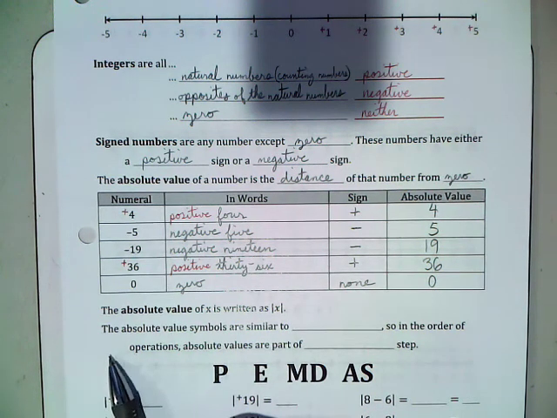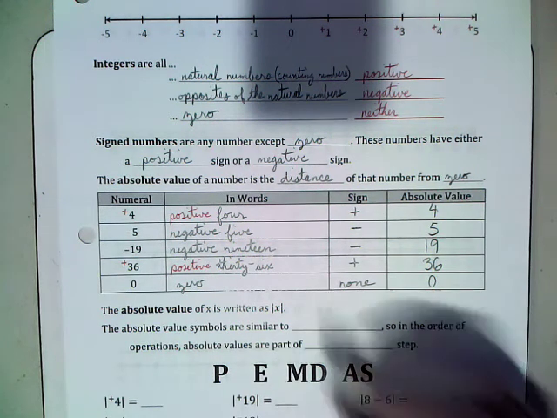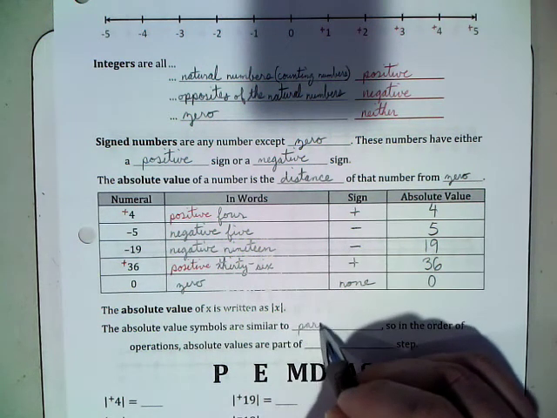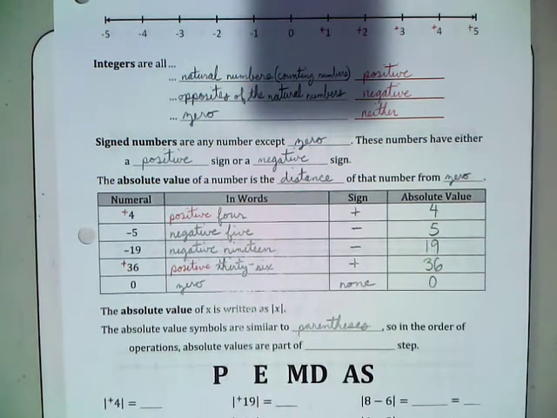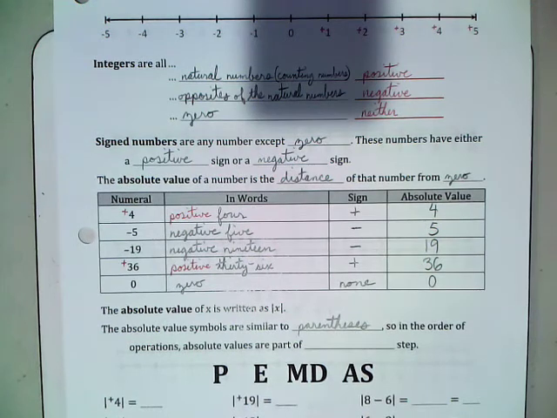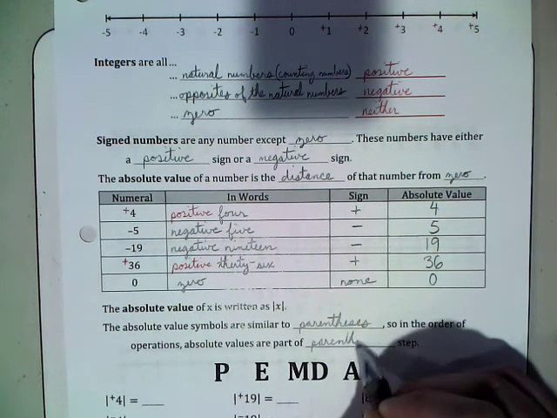The absolute value symbols are similar to parentheses. So in the order of operations, absolute values are part of the parentheses step.